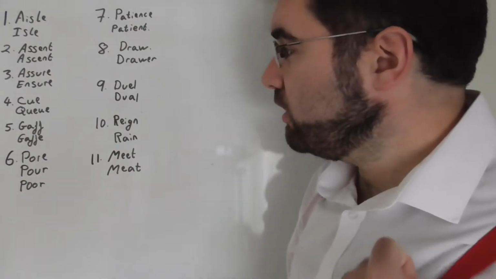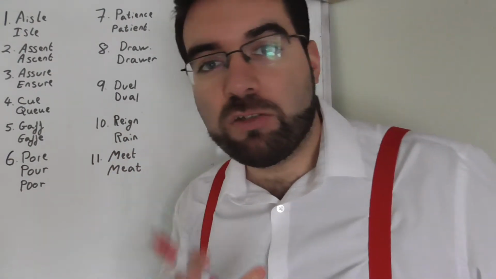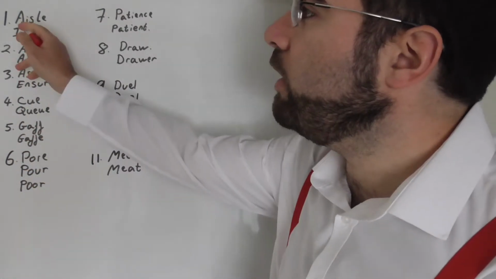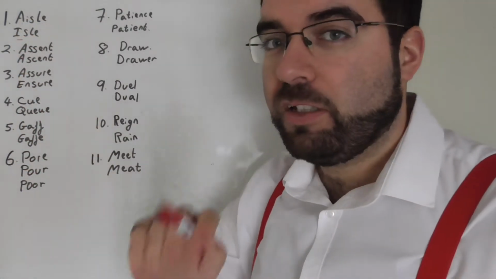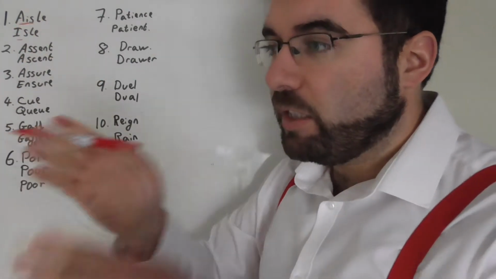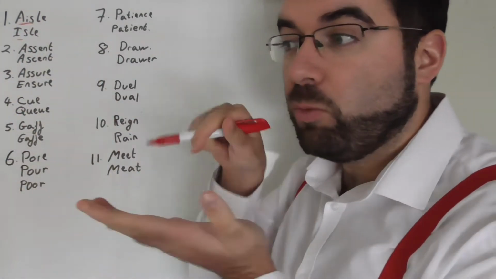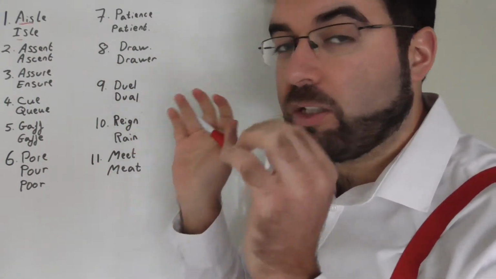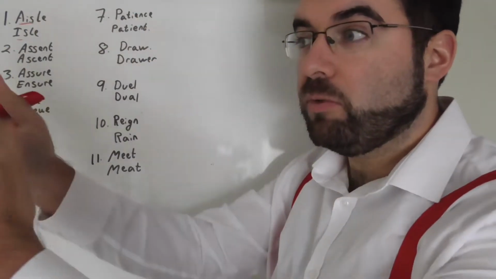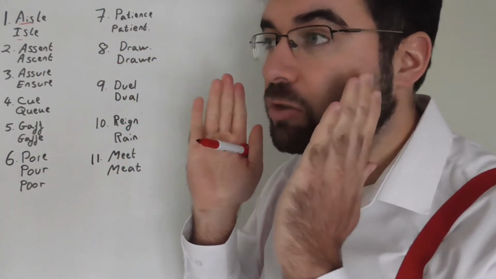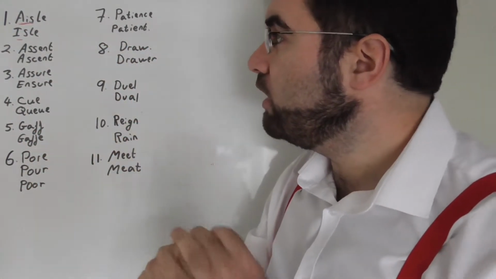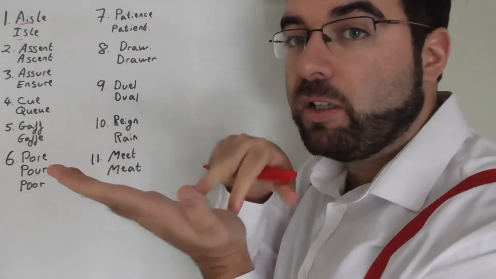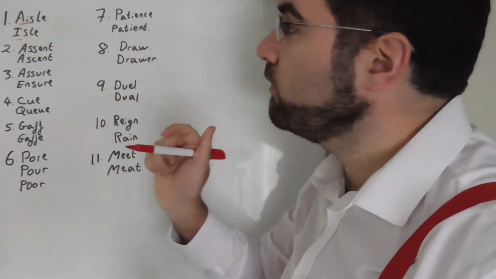So, let's look at 11 commonly confused words and what they mean. So, aisle and isle. An aisle is the row you can walk down between seats in a church, or between shelves in a shopping market, or even down a hallway where all the rooms are, an area where you can walk down.